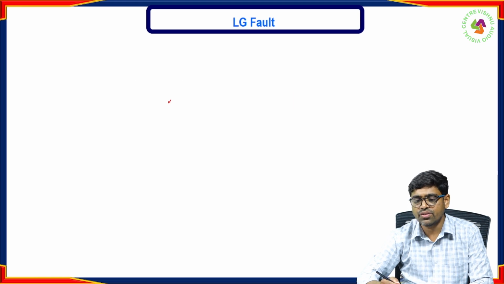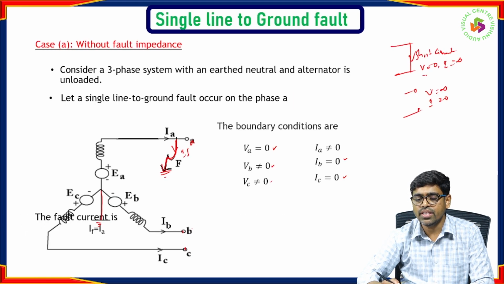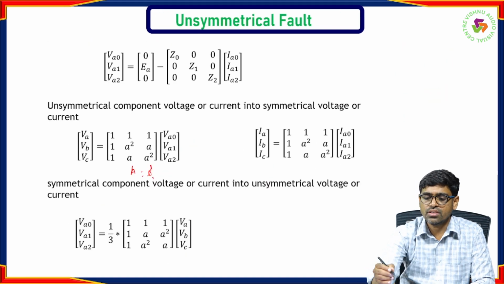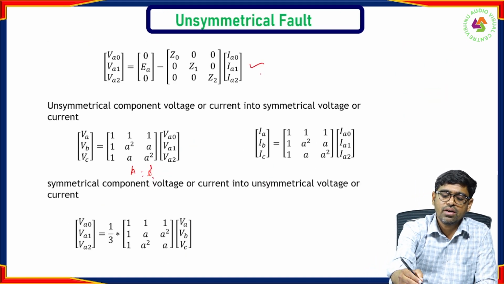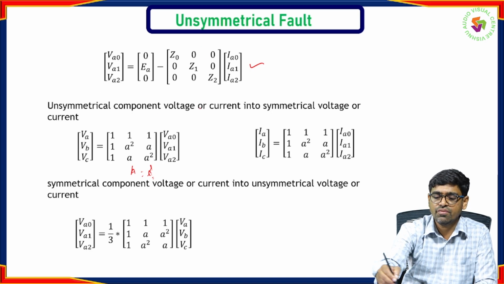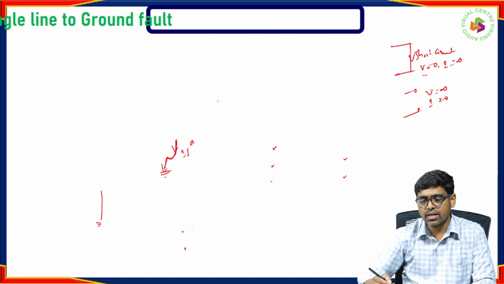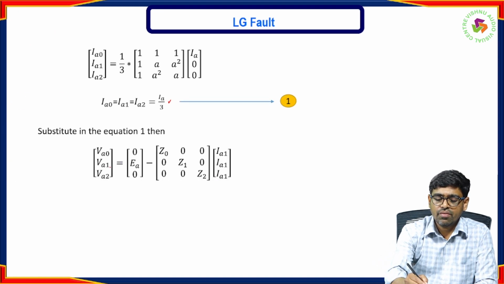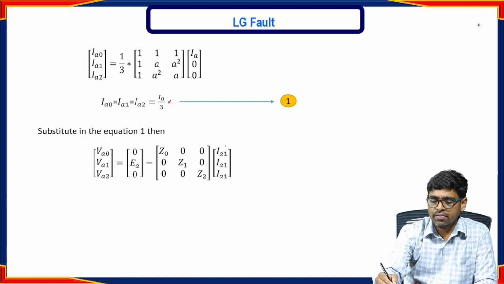So if you substitute this relation in the voltage relation equations, we get VA0, VA1, VA2. All the currents IA0, IA1, IA2 are equal, so we take any one term and represent it in terms of the positive sequence current, IA1.